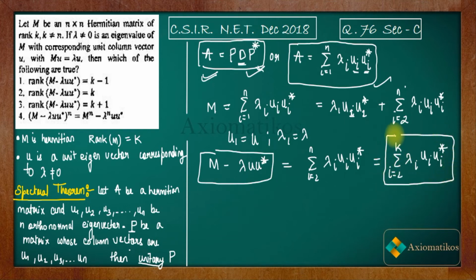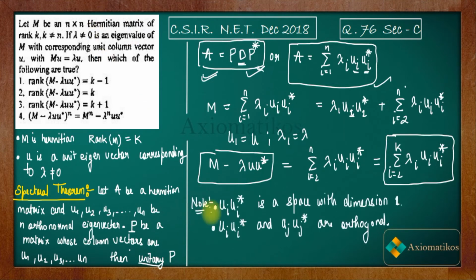Now what I want you to know is this. If you have studied spectral theorem, all right, so it is a note from spectral theorem. I am not telling you anything different from spectral theorem.